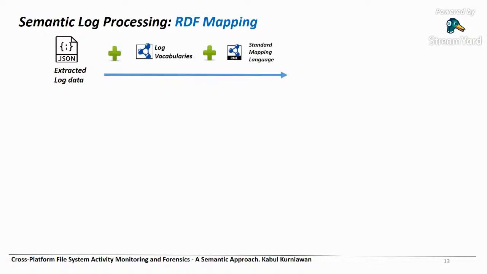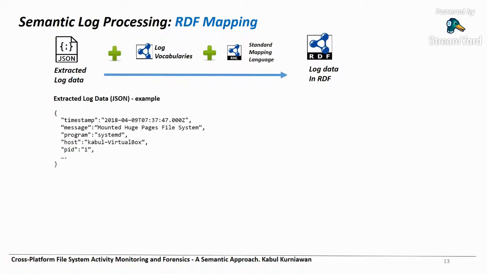But before we go there, we have RDF mapping. RDF mapping is a process to transform the extracted log data into machine-understandable formats such as RDF by using an RDF mapping language. We can map the structured log data with the respective log vocabulary and produce the log graph or RDF. Here we have an example. We have the extracted log data as JSON, as I mentioned before.